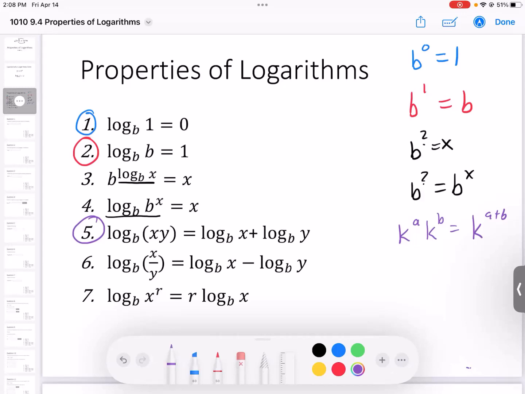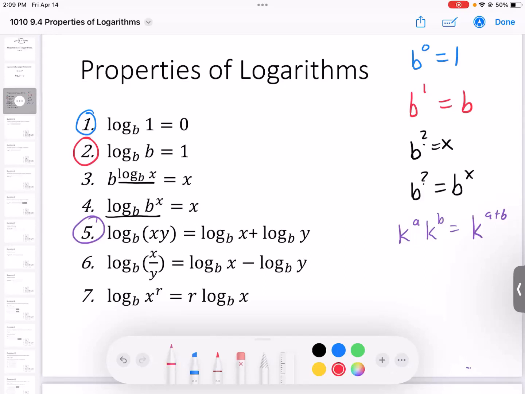So the way that we'll apply this is if we ever have a log of two things that are multiplied, or even three or four things, you can expand them out into separate logs, which can be helpful in some situations. Or if you have separate logs that are added together, you can rewrite them as a single log where the arguments are multiplied. And it's basically a logarithm version of this rule.